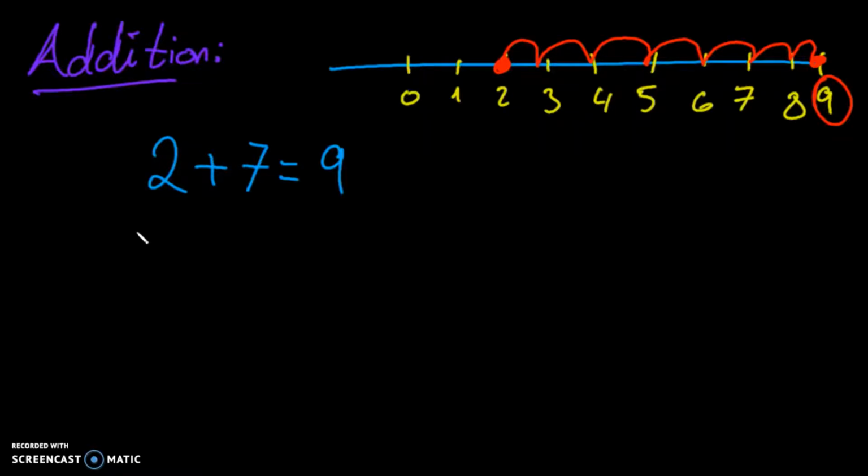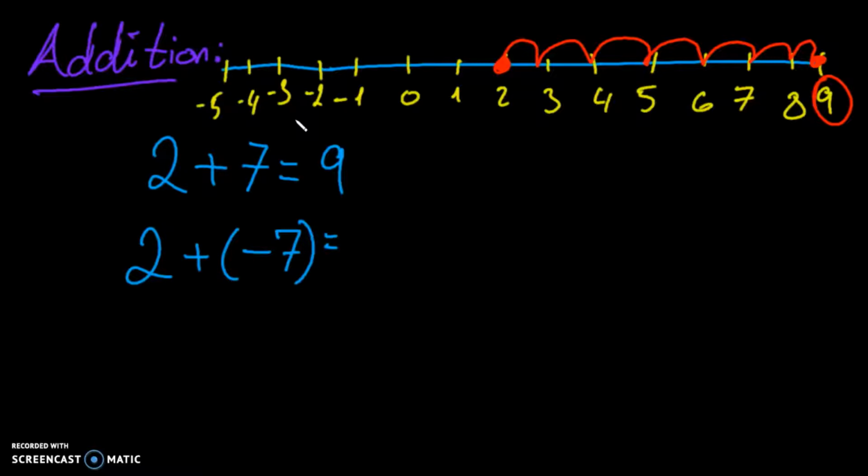What about 2 plus negative 7? So we do the same thing, and I've added the negative numbers that are below 0. So we start at 2, and whenever we're adding a negative number, we go to the left.